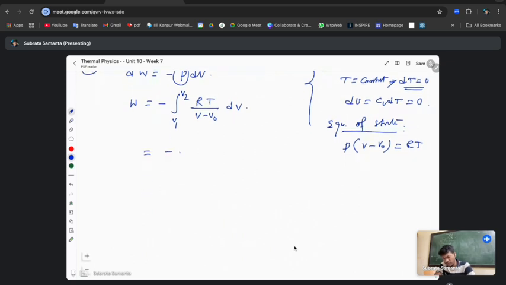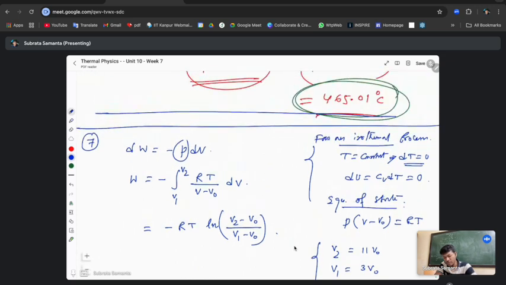This is minus RT ln of (V2 minus V naught) over (V1 minus V naught). V2 is 11V naught and V1 is 3V naught, as given in the problem.